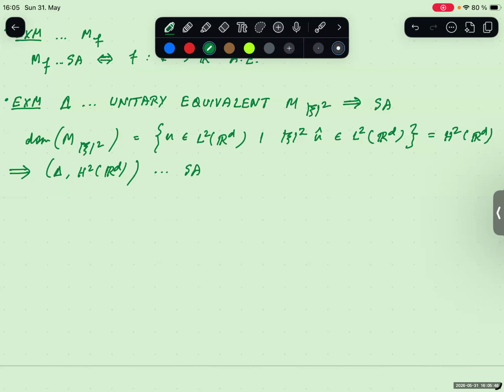Because we have already worked hard for the multiplication operator, without going to this more functional analytic approach, if you know multiplication, then you more or less can deduce it, provided you have Fourier transform.